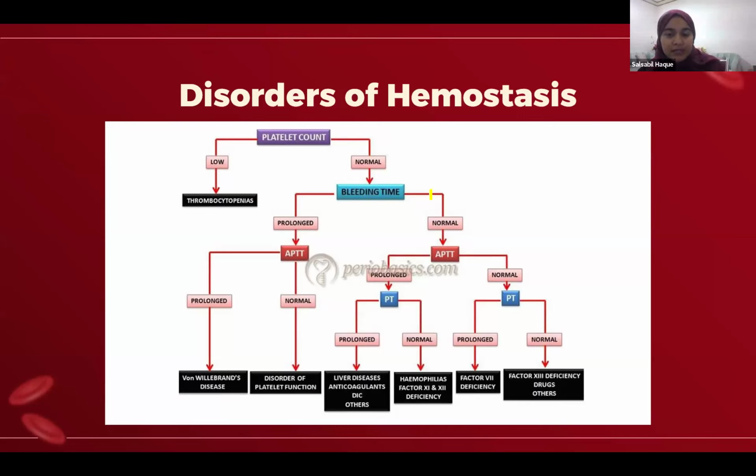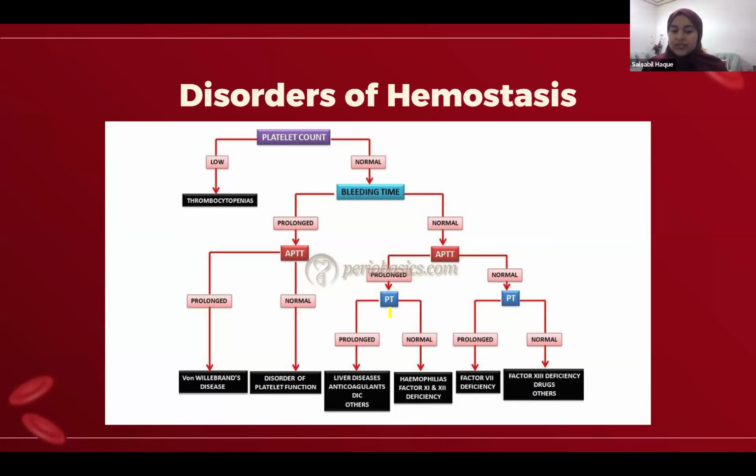If the bleeding time is normal, that means the issue is not with the primary platelet plug formation. The issue is with something else, a secondary disease, basically. So we do APTT. If the APTT is prolonged, this means there is an issue with the intrinsic pathway and the common pathway. Then we do PT. If both APTT and PT are prolonged, this means it is something in the common pathway, so this is a mixed disease.